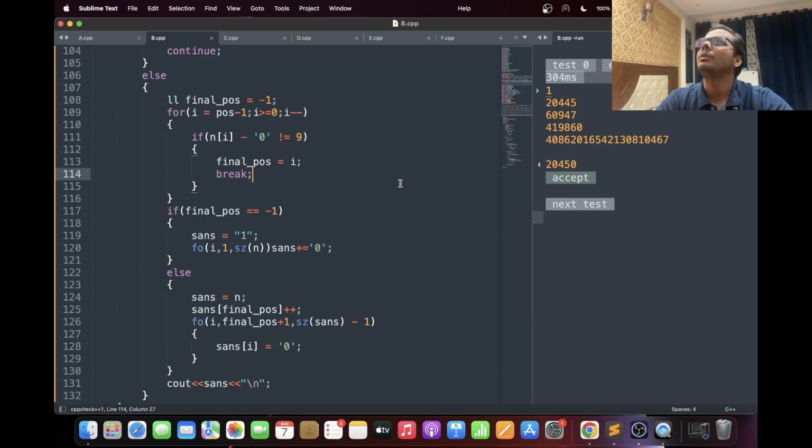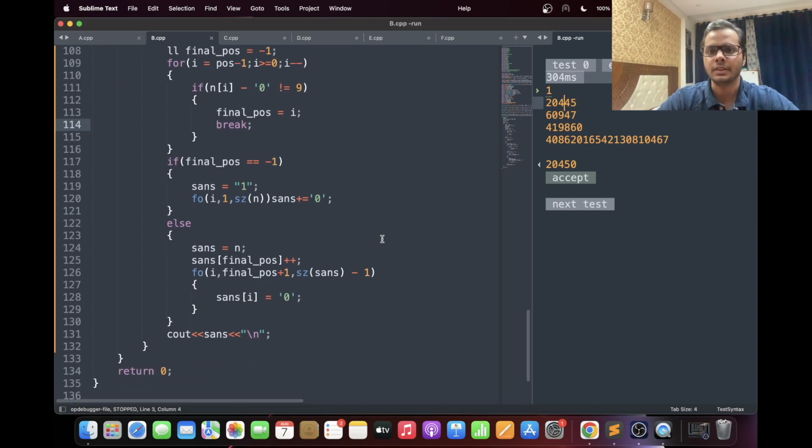So when we encounter a number greater than or equal to 5, we will increase the digit which is to the left of it, okay, which in turn again becomes 5, so then we can again make it 0, right? So I think the only corner case here is when we get a string of 4s, so we can make all of those 4s also equal to 0, right? Right.